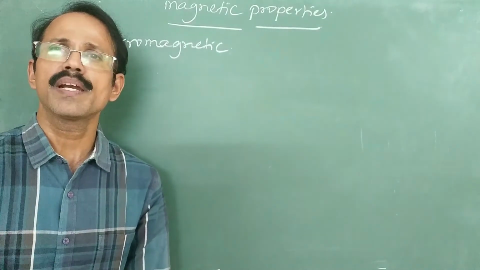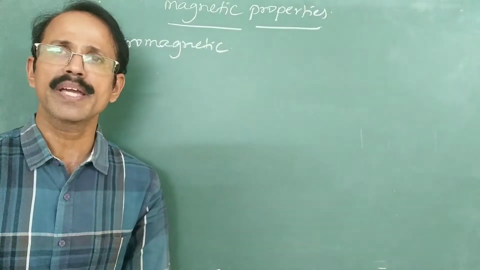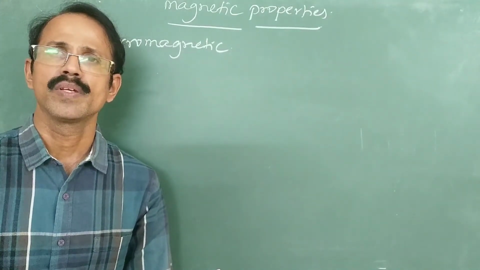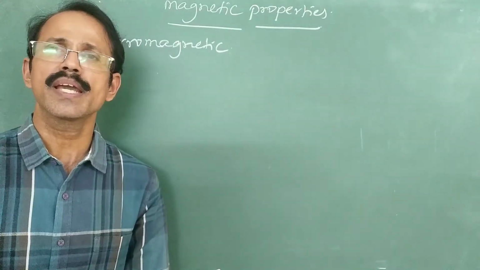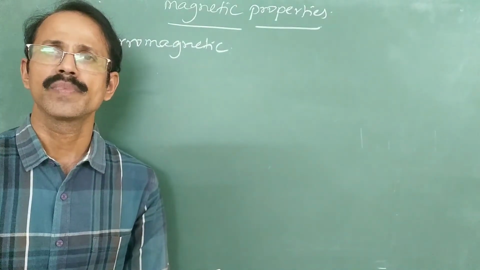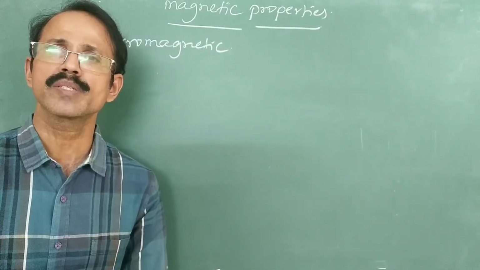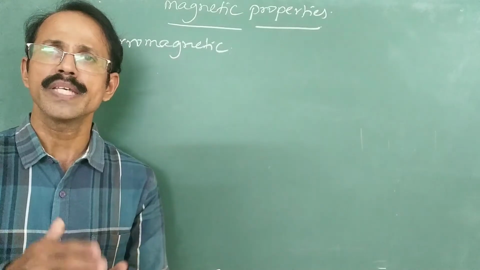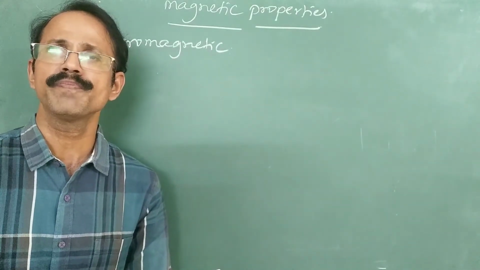They contain unpaired electrons and even magnetic domains, just like ferromagnetic substances. You know, a magnetic domain is a group of electrons aligned in a particular direction. So here also there are many magnetic domains, but these domains will be aligned in different directions.